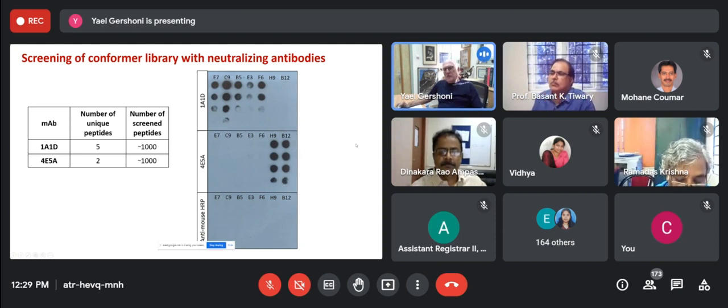But in contrast to what Lakshmi showed, here we do not see constructs that seem to cross-react, bind more than one antibody. And our protocol said that in order to reconstitute a functional, physiologically relevant epitope, we need to show that it can bind at least 2 monoclonals.